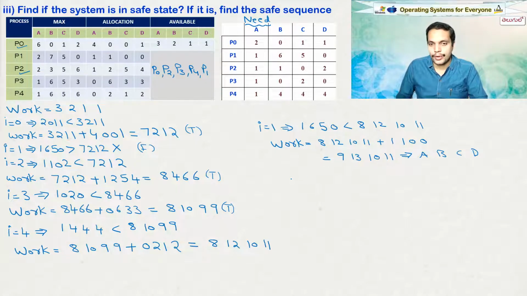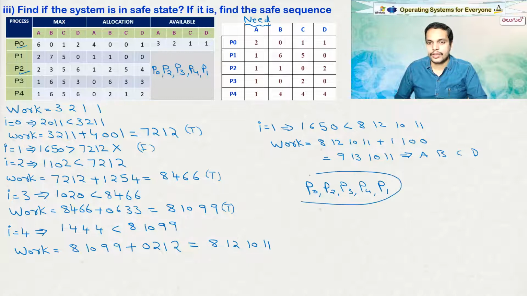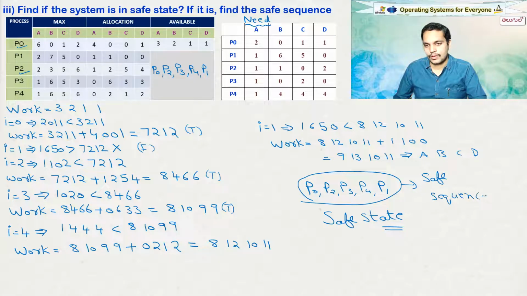Because I could find a safe sequence of P0, P2, P3, P4, P1, I can say that this system is in a safe state, and this is your safe sequence. This is how you need to work using the safety algorithm.